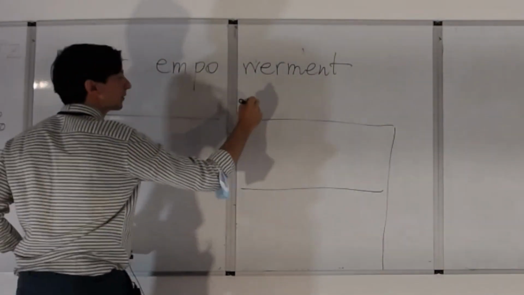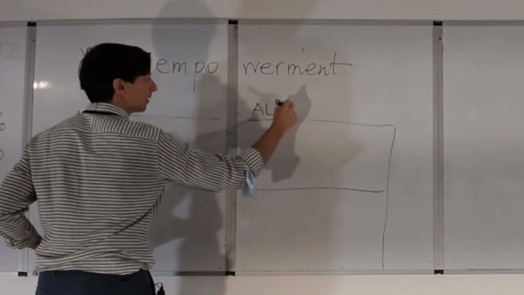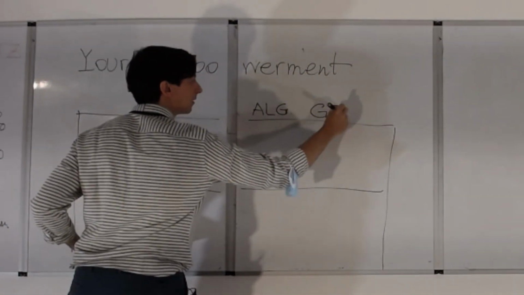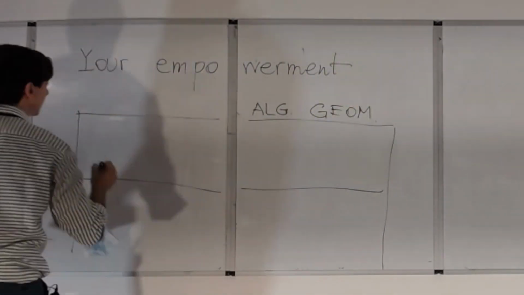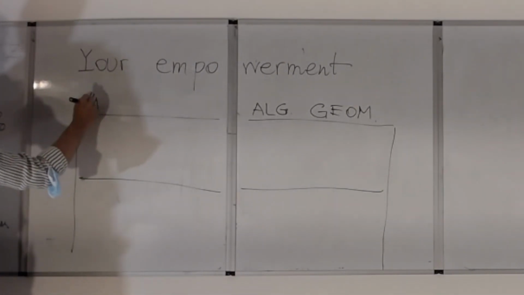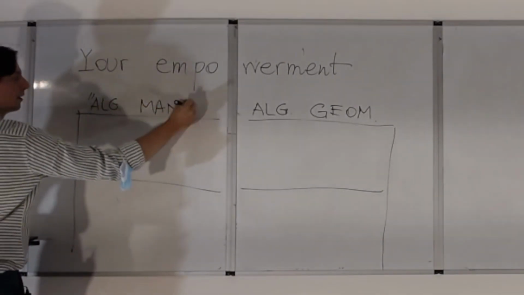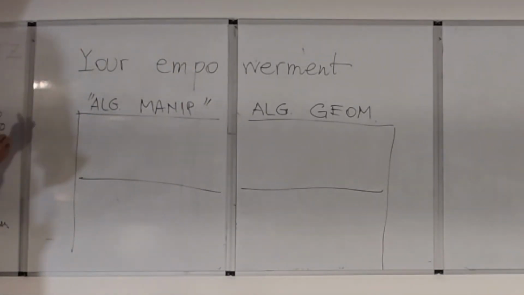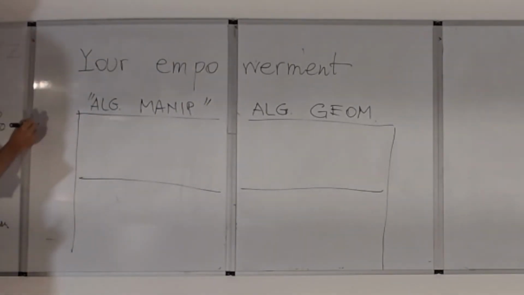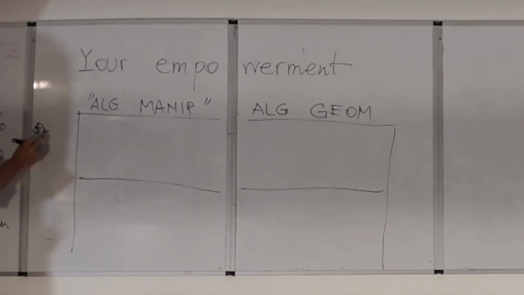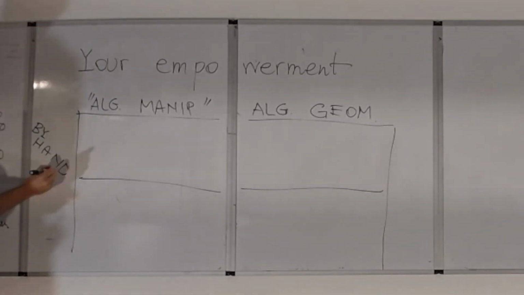So here we'll write algebraic geometry. And here let me write algebraic manipulations, even if it's not a correct term. And here I would say by hand, and here I would say computer.